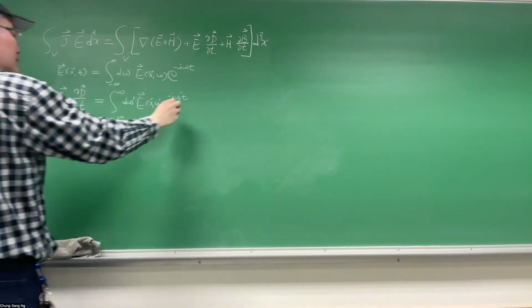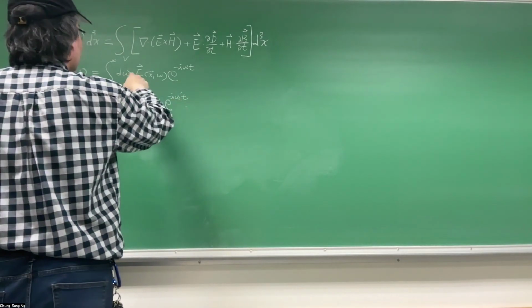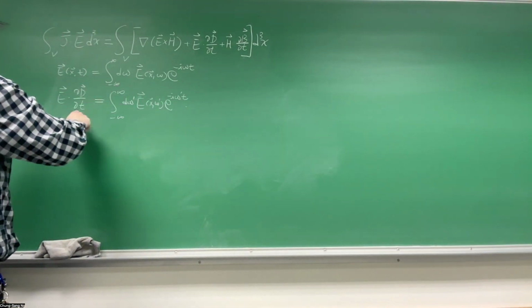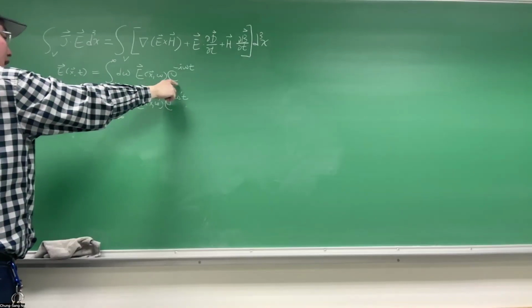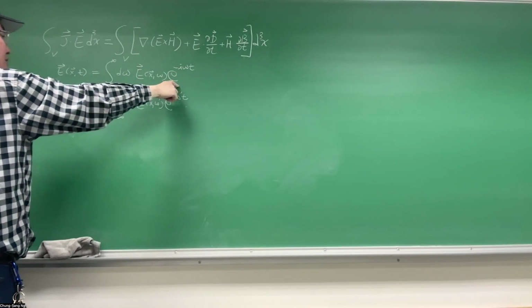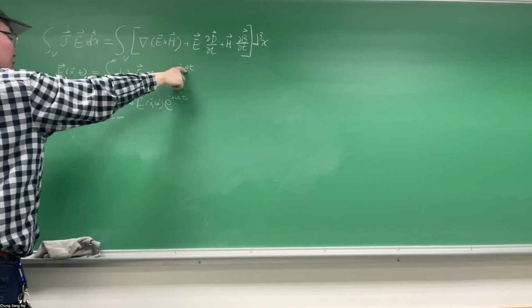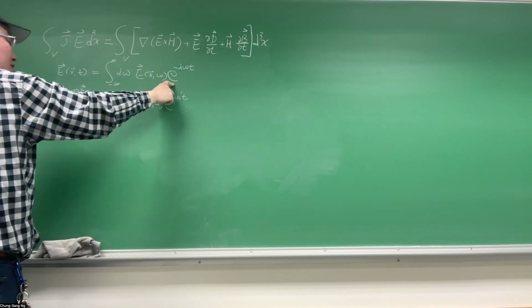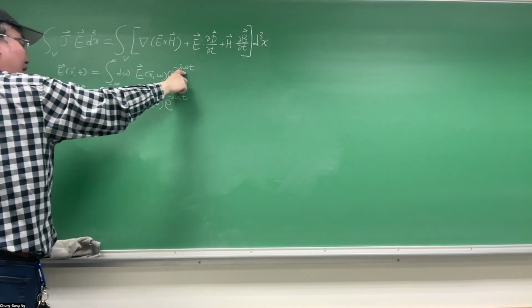Okay, and then you dot into something similar to here. But then you take the derivative, and when you take the derivative it only acts on this exponential function, and the result is just multiplied by minus i, because the derivative of an exponential function is itself, and then you take the derivative of the argument.